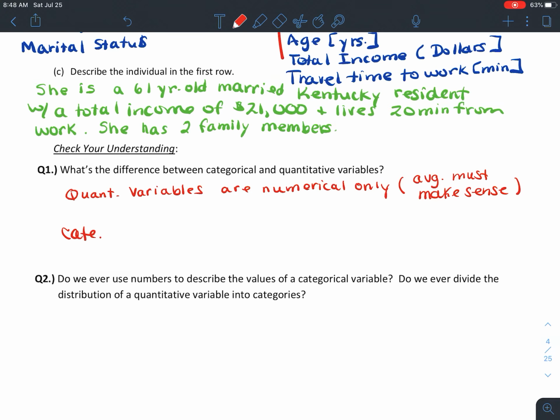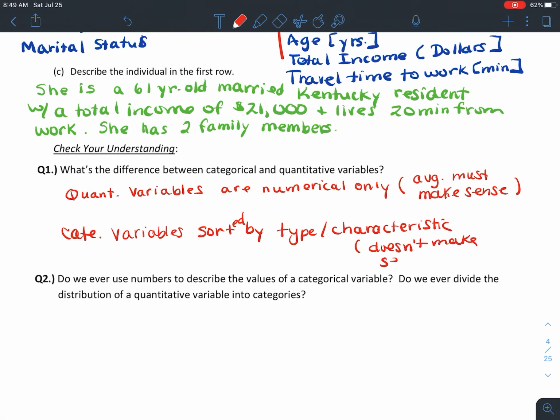And then categorical variables can be sorted by the type or the characteristic. And I'll just say it doesn't make sense to average. Okay, and that's why we would say zip code would fall in a categorical variable.